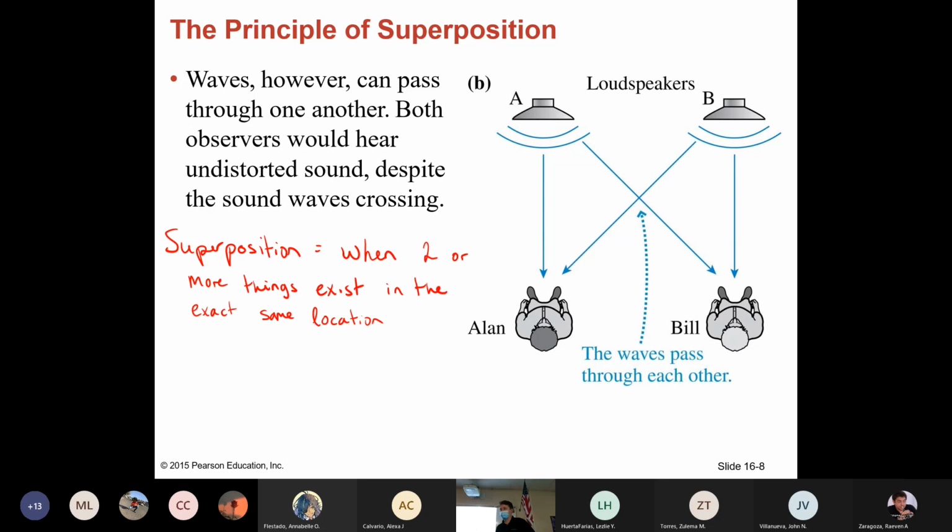So there are some caveats to this, as I just demonstrated. Can I be in superposition with a desk? No. So if you jump into water, can you be in superposition with the water? Let me do a quick demonstration.